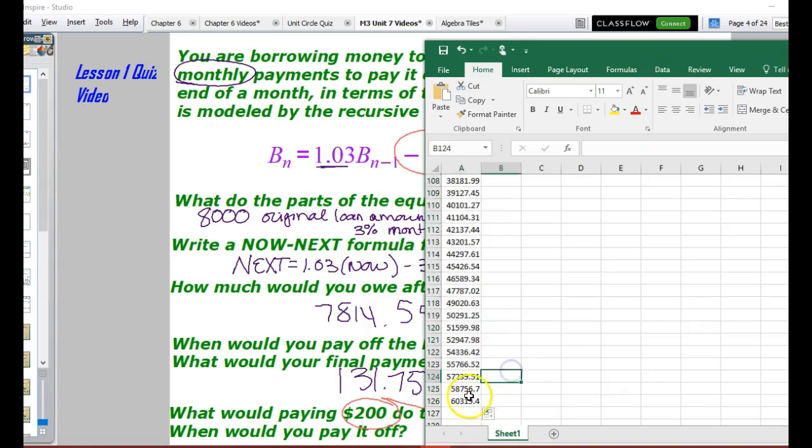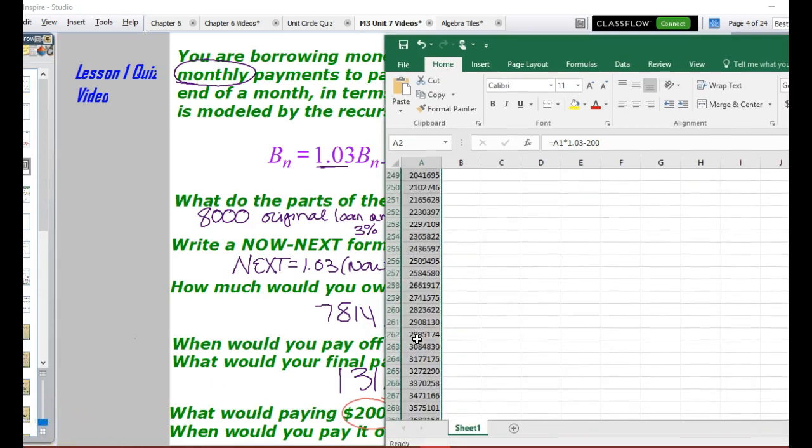This isn't good news. So when we were looking at this, we said after 55 months, I wasn't even getting anywhere. And the sad part is you can see the numbers are going up. And what that means is you're not even paying off enough money each month to cover your interest rate. So you're never going to pay it off.